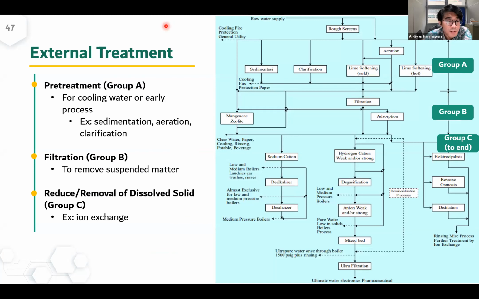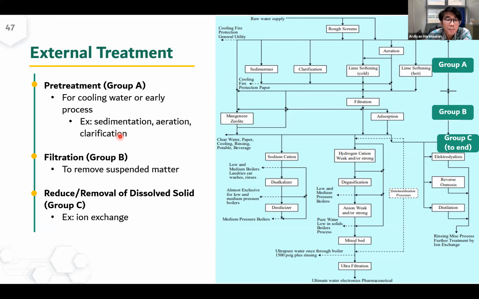So basically, the external treatment is classified into three groups. First is pre-treatment. Pre-treatment is normally used for cooling water, or for early process. It consists of sedimentation, aeration, and clarification.